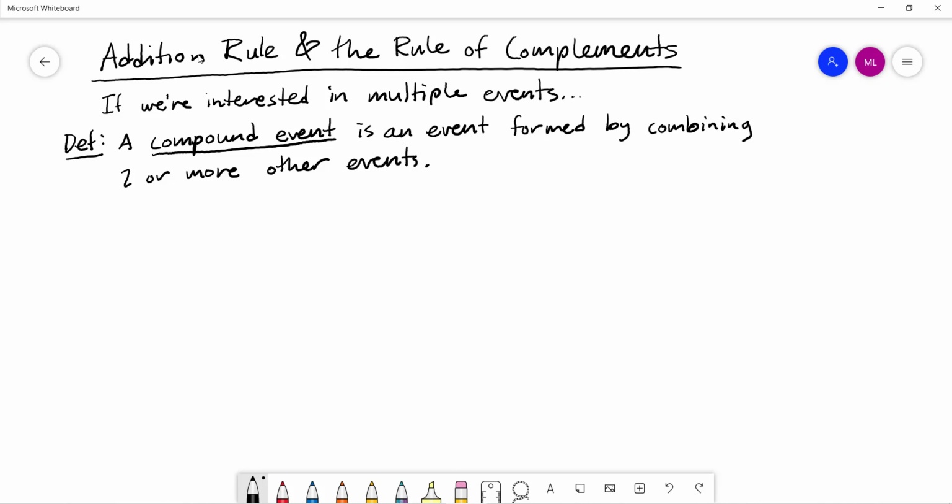So we'll use two different letters when we deal with an event like this if we're combining two different ones.